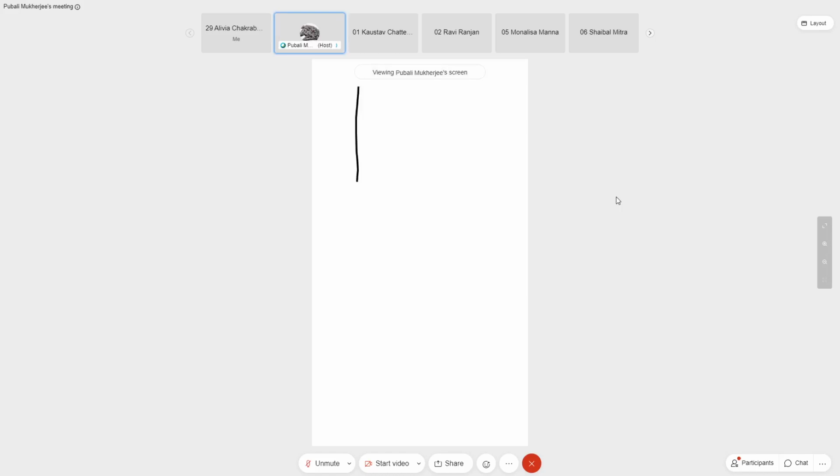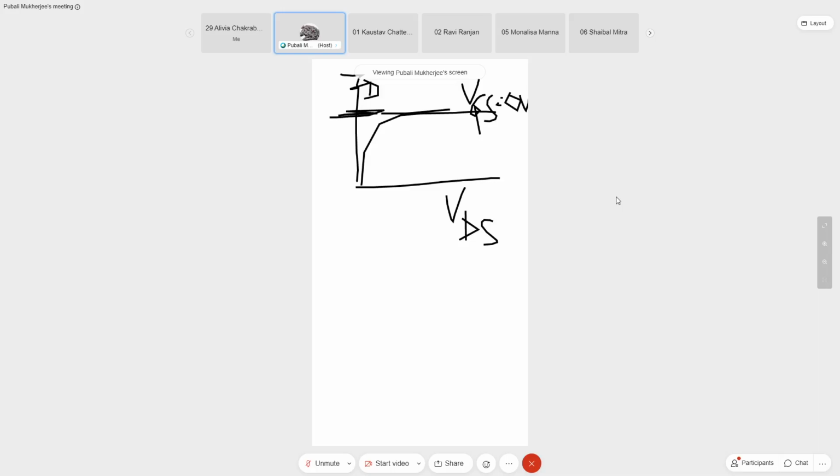Let me tell you. Suppose we had this drain characteristics, VDS and ID, and this was the curve for VGS equal to 0 volt, which comes right on top. The current at which the VGS equal to 0 volt curve saturates is the IDSS value.